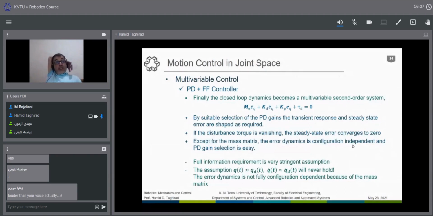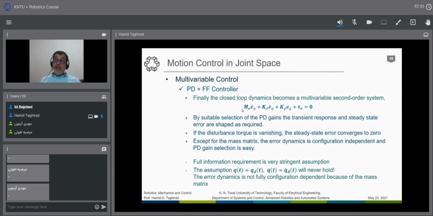If you would like to work this way, it is much harder than doing this. Because if it was fully configuration independent, you would design a controller here and it would work everywhere. But since the mass matrix is configuration dependent, you cannot have the same omega n and zeta in all positions.